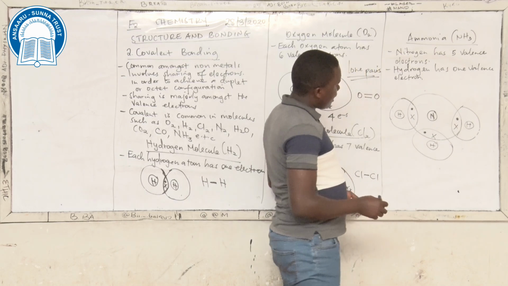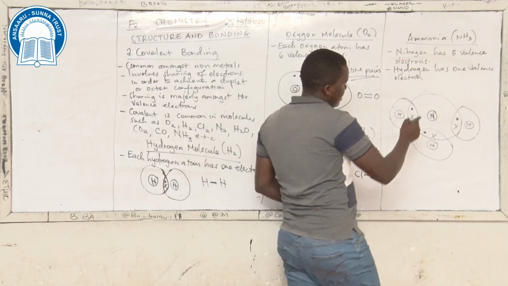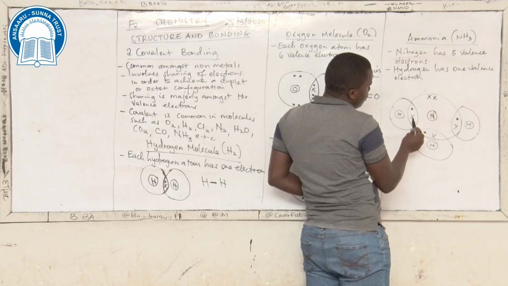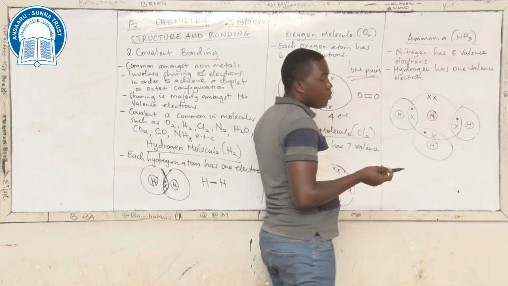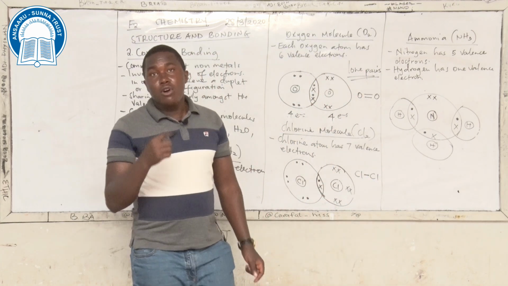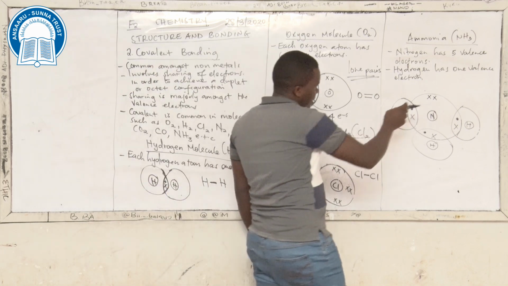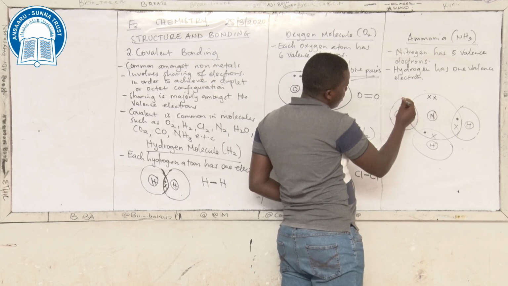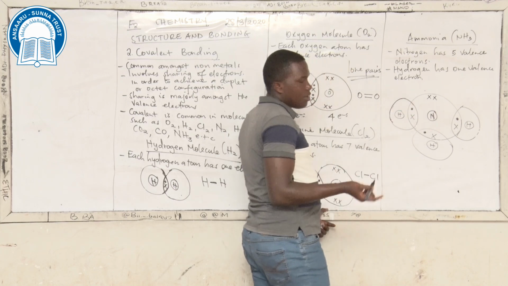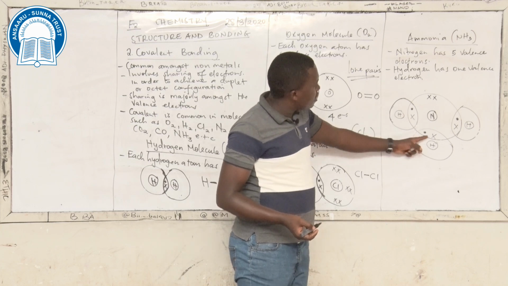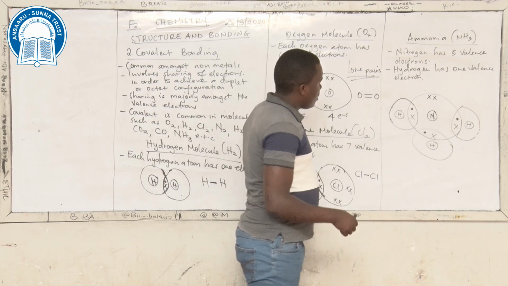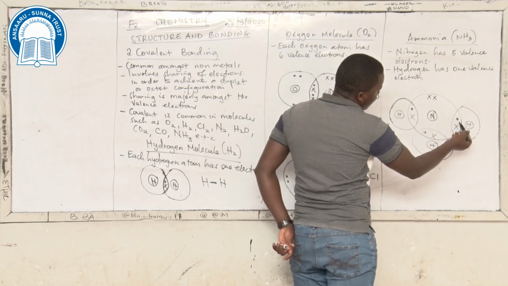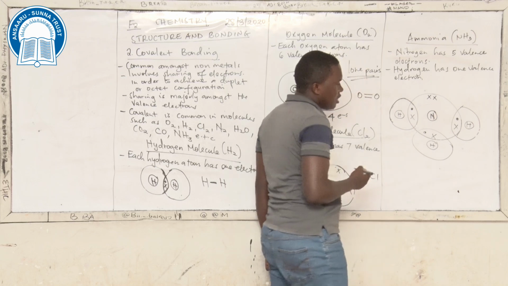And therefore, nitrogen will have some lone pairs here. Because nitrogen has 5, it has used 1, 2, 3 to bond to the 3 hydrogens. So there will be a lone pair which will be remaining, which is this one. So each hydrogen is now stable because the hydrogen only has one energy level, which means it just requires one electron to be stable. Nitrogen on the other hand will have 1, 2, 3, 4, 5, 6, 7, 8, which is also stable.